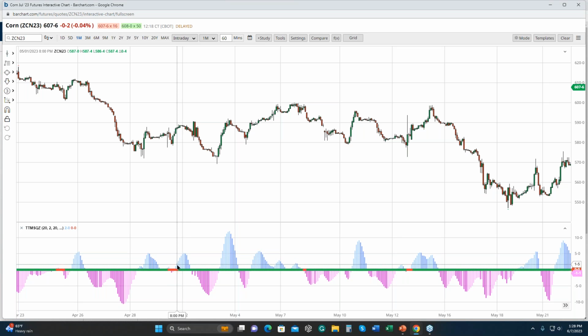Now, what we can do is we can eliminate some squeeze plays that are in contradiction to our higher time frame analysis. We just looked at the daily. The daily on May 1st was still in a squeeze firing to a downside trade or a short trade. Here at the lower time frame, the intraday, we're getting a positive or a long squeeze.